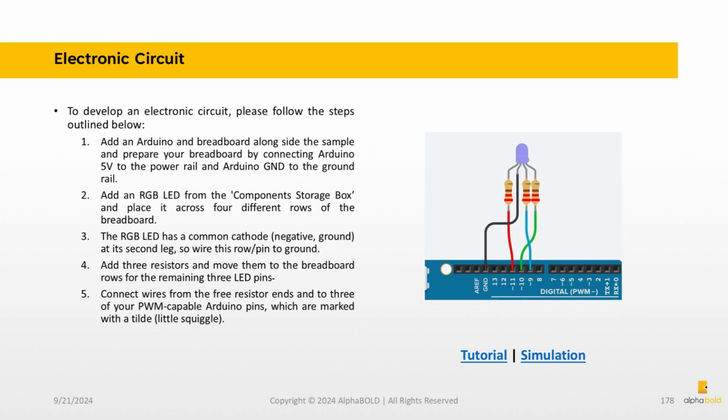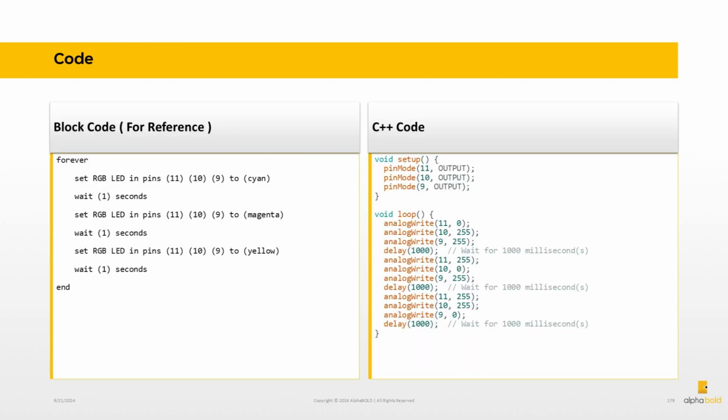The C++ code controls an RGB LED connected to pins 9, 10, and 11 to cycle through cyan, magenta, and yellow colors. In setup, these pins are configured as outputs. The loop function then repeatedly sets the analog output values for each pin using analogWrite.